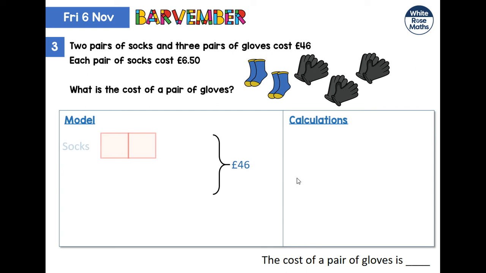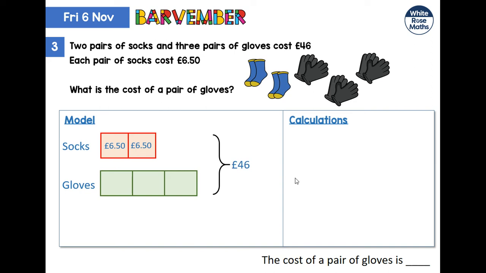two bars. Okay, so they're exactly the same as previously, but instead of 1 bar, I've split it into 2. 1 for socks, 1 for gloves. Filling in my £6.50, my question mark, and the maths is going to follow through in exactly the same way.